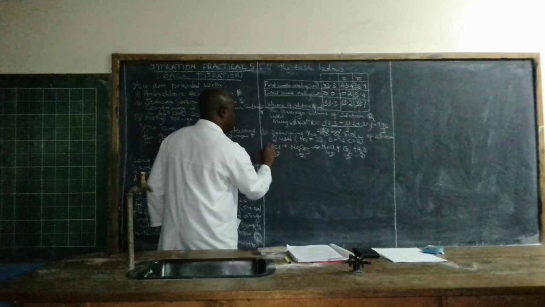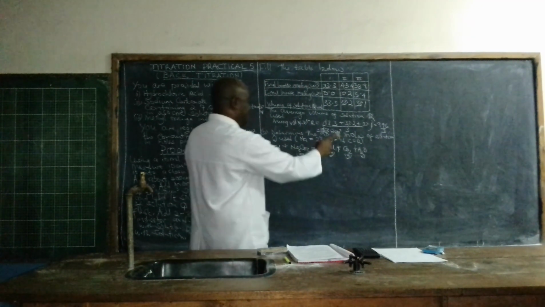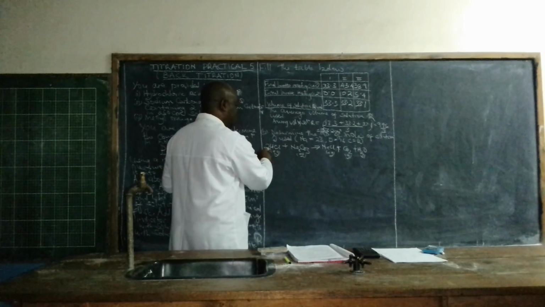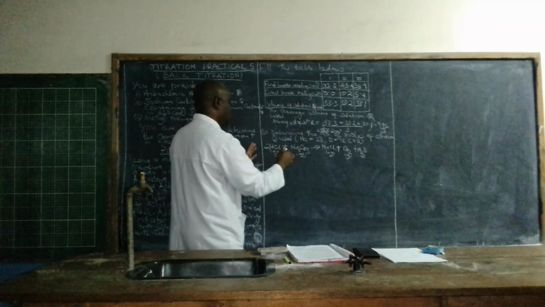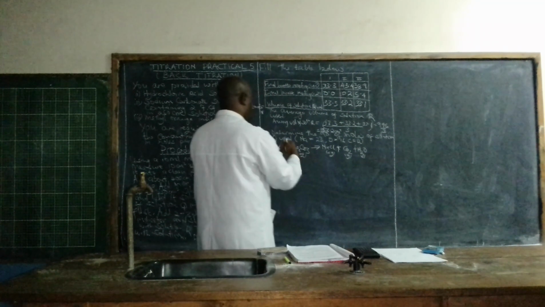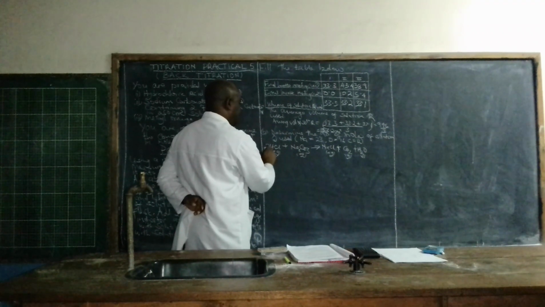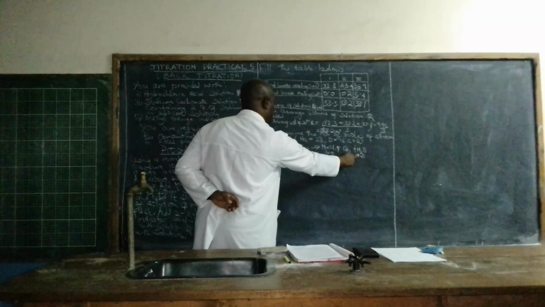So we write 2 here, so that the reactant side and the product side are balanced. We go through the compounds that we are reacting. Hydrochloric acid here has 2 hydrogens, and on the product side it also has 2 hydrogens.